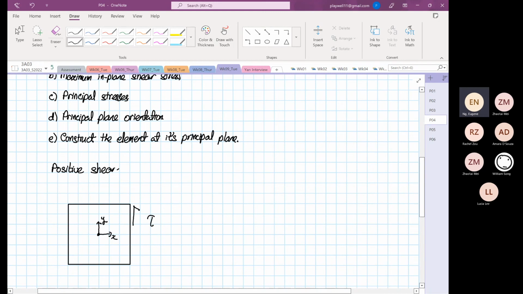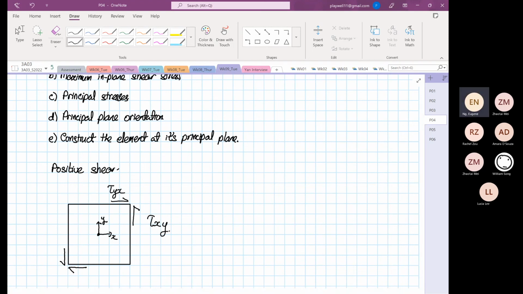The intersecting plane is X. The shear force is acting in the Y direction. And over here, this is shear YX. You have to complete the element, so you have to draw the opposite end. It will look like this. So we define this orientation as positive shear.